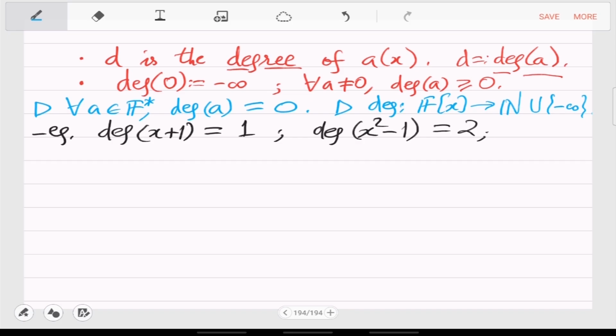And so, some important properties of degree that you should remember. What is the degree of A times B? If you multiply two polynomials, how does the degree change? You can see that it is always the sum.